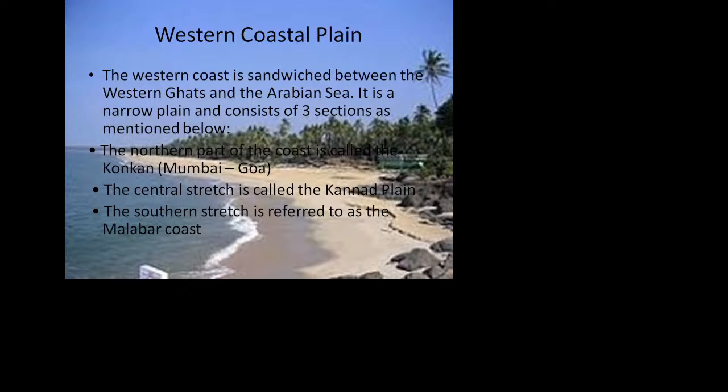It is a narrow plain and consists of three sections as mentioned. The northern part of the coast is called Konkan, that moves from Mumbai to Goa. The central stretch is called the Kannad Plain. The southern stretch is referred to as the Malabar coast.